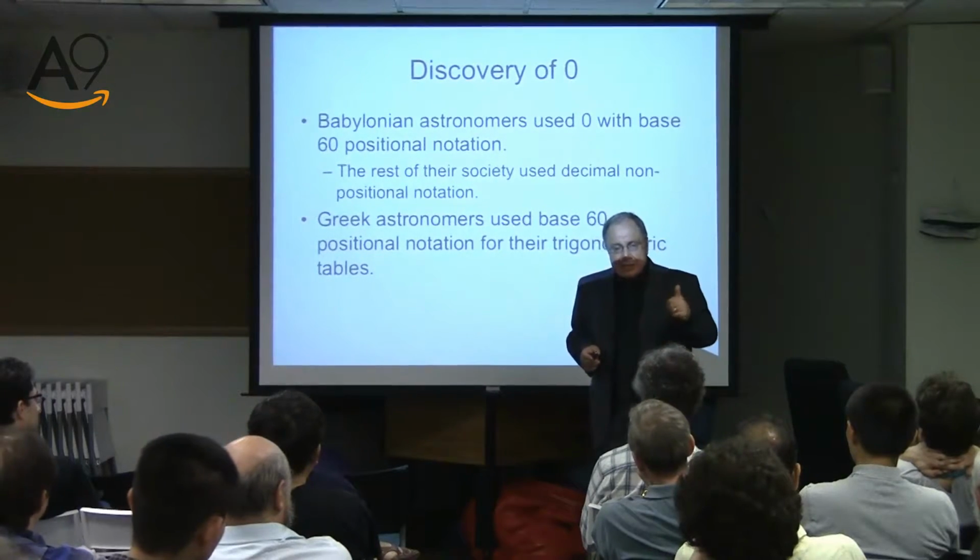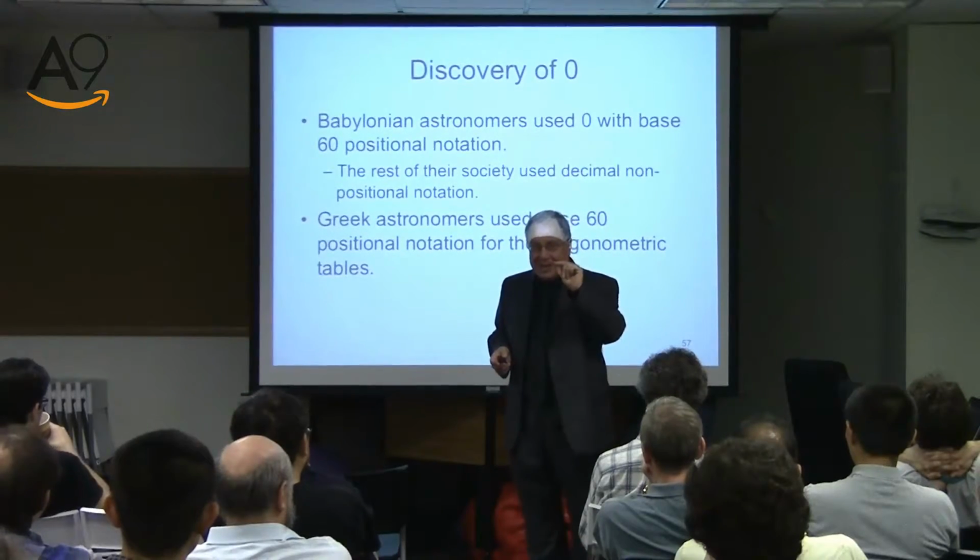Eventually, Greek astronomers inherited Babylonian computations and merrily continued to use base 60, again for centuries. They did introduce 0, and by the way, they wrote 0 as omicron, a Greek letter, little o.